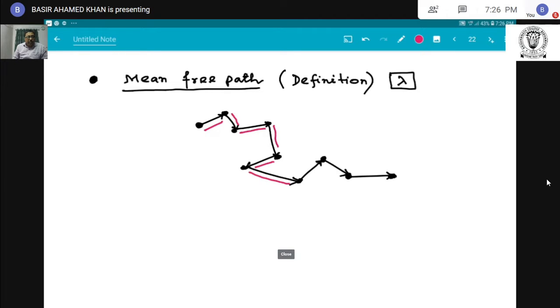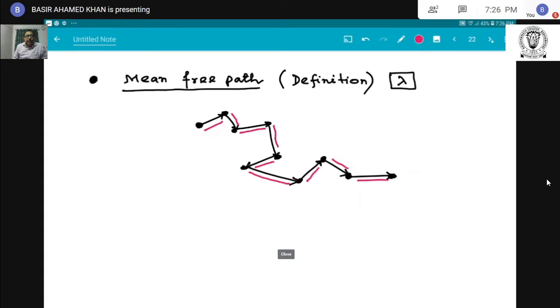The mean or average value of free path of a molecule is called mean free path. That means if I measure the distance of the paths and take the mean, then we get the mean free path.